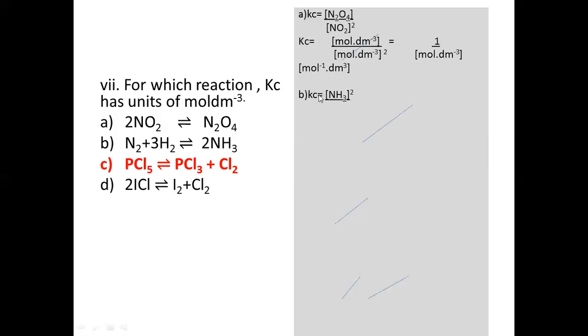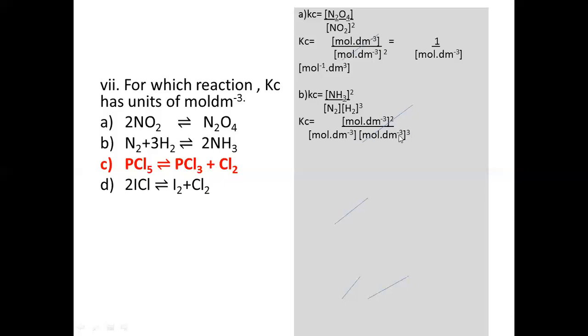In the second case, ammonia is the product with coefficient 2, and nitrogen and hydrogen are the reactants. So we write the product in the numerator and reactants in the denominator. By putting the values, you can see this square for ammonia, with no need to write 1, and this 3 is for the hydrogen. These 2 moles per decimeter cube cancel out with 2 moles in the denominator, but still 1 mole is left here and 1 mole is here.